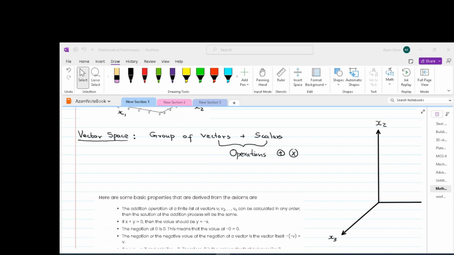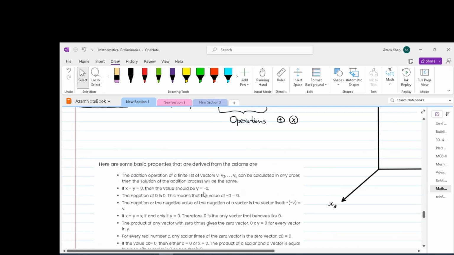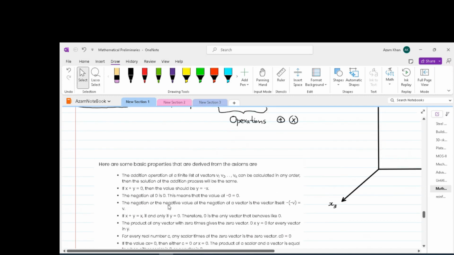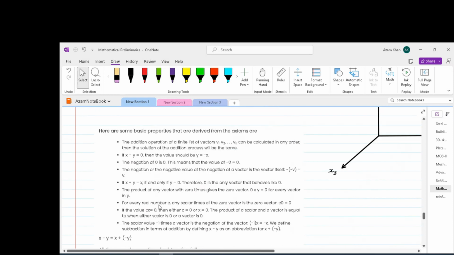Please remember, the addition of different vectors gives us another vector, and that vector should also be defined by the vector space. In addition, a vector space has some other properties also, such as if a particular vector is within that space, the negative of that vector should also be within that space. A null vector, zero, should also be part of that space, and so on.